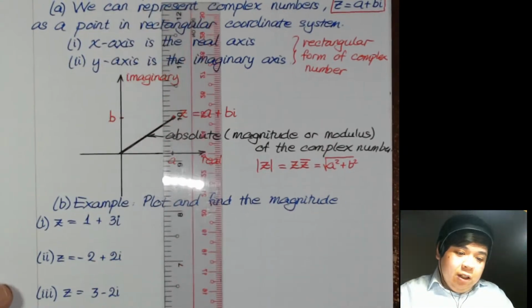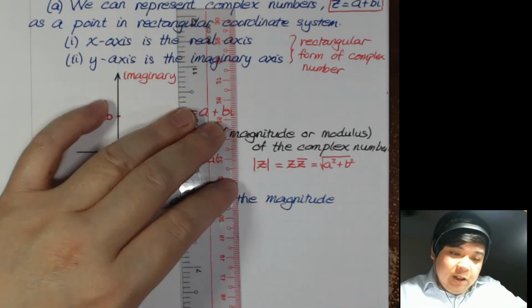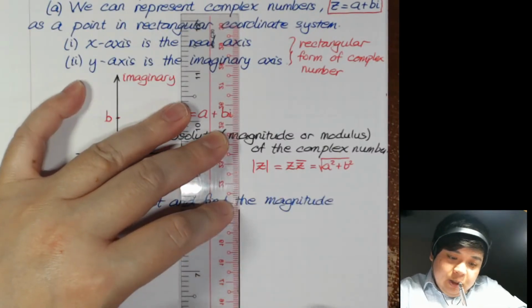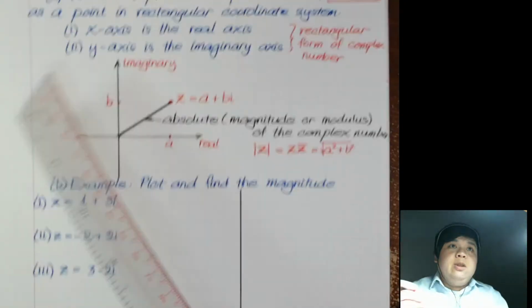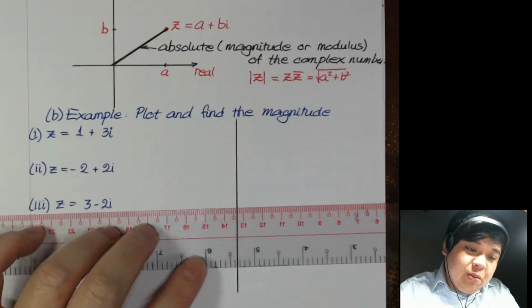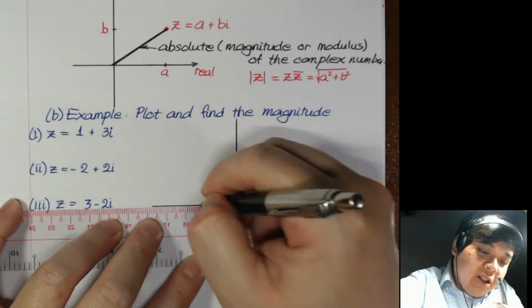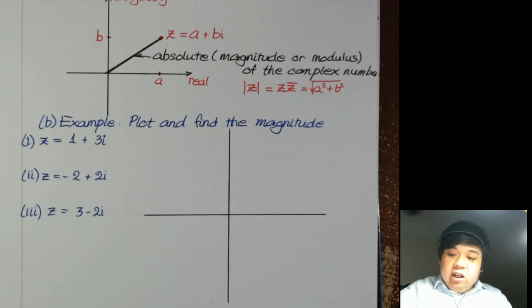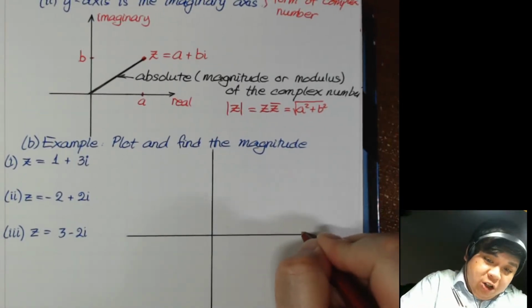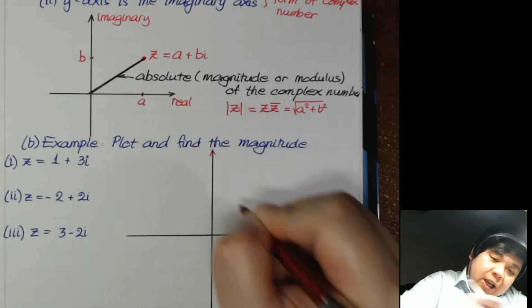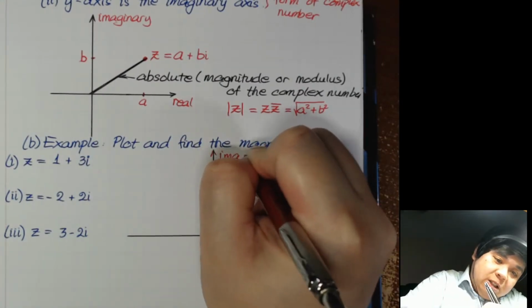Have the coordinate system, rectangular, with x and y axes. However, we're not going to have x and y. What we have is the real and imaginary. Real is the x-axis and imaginary is the y-axis.